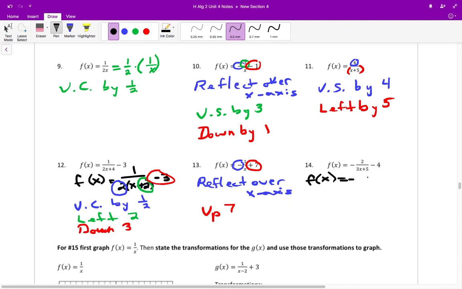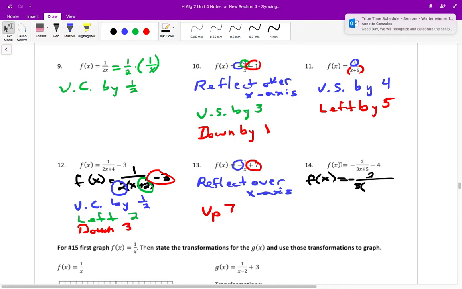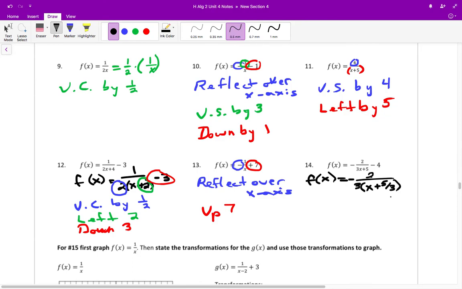So, negative 2 over, in this case, if you factor out a 3, in other words, we're going to take both of these terms, both the 3x and the 5, and divide by 3. Then, 3x divided by 3 is just x. 5 divided by 3 is 5/3. Or as a decimal, 1.6 repeating. Don't forget you still have the minus 4 there.